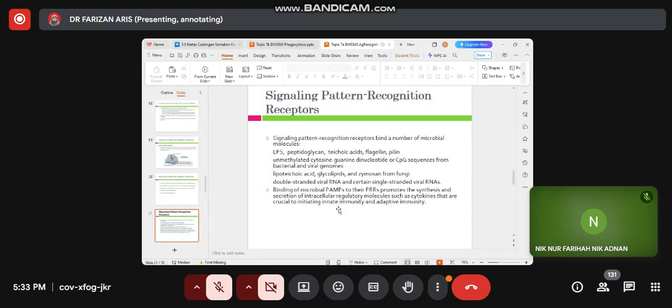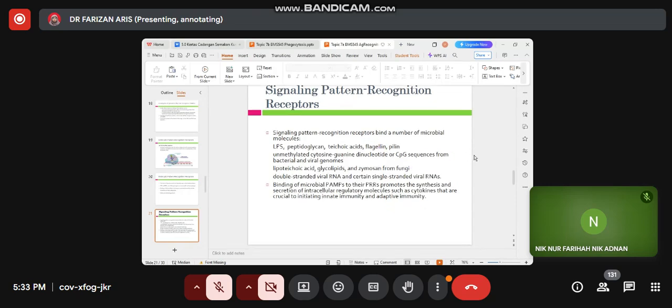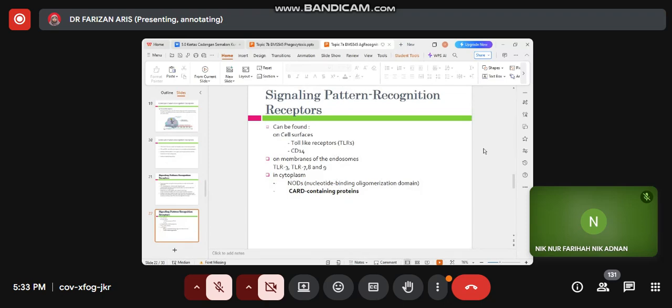Whereas there is a different type of recognition receptor, which is known as signaling pattern. The difference with this receptor is that usually when they bind to the bacteria, they will cause significant changes in the immune cells, and they start to produce effects.